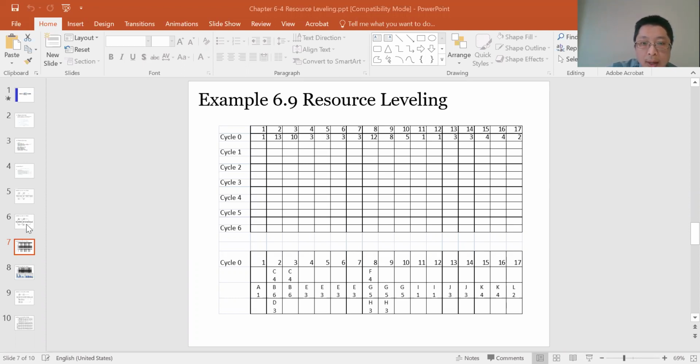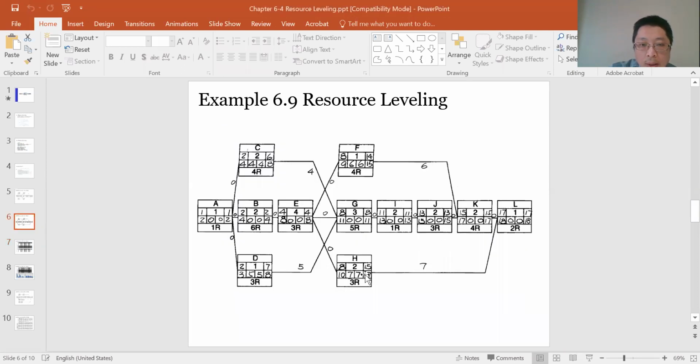We compare the late finish of those 4 non-critical activities, and whoever has the largest late finish, we do that first. So we go back to here. We have this one, this one, this one, and this one. This late finish is 8. This late finish is 15. This late finish is 8. This late finish is 17.